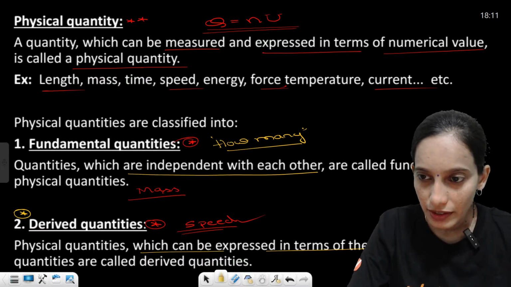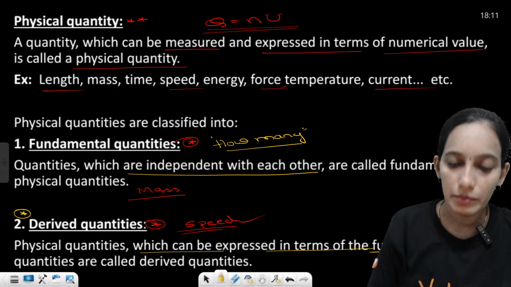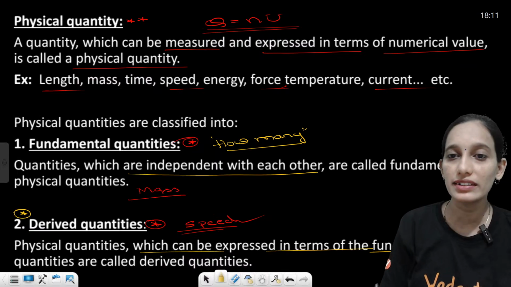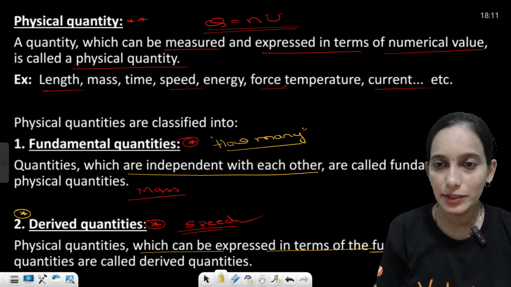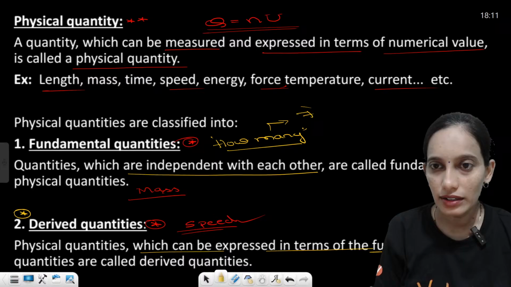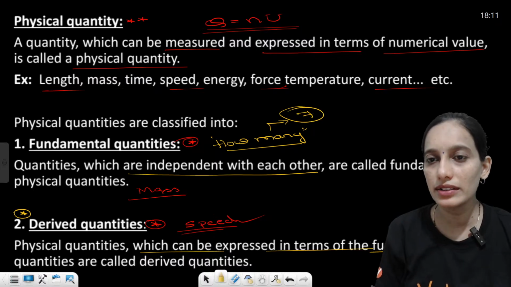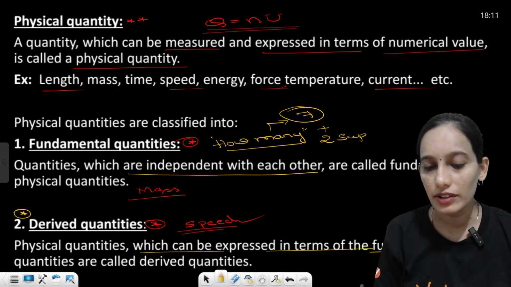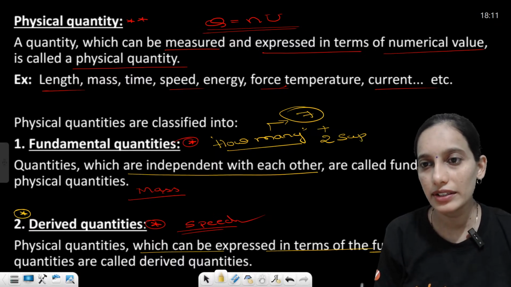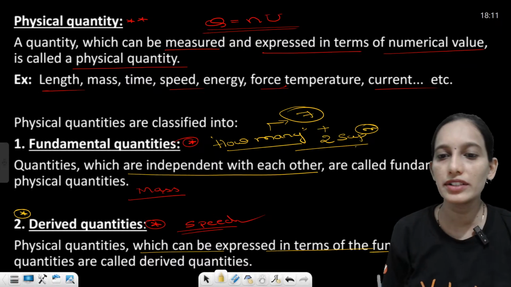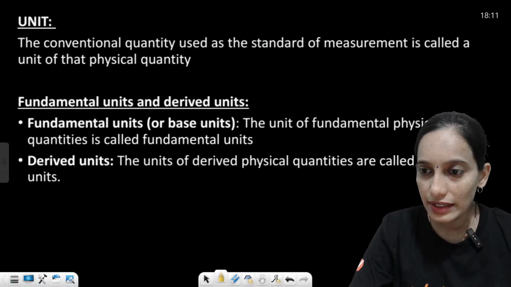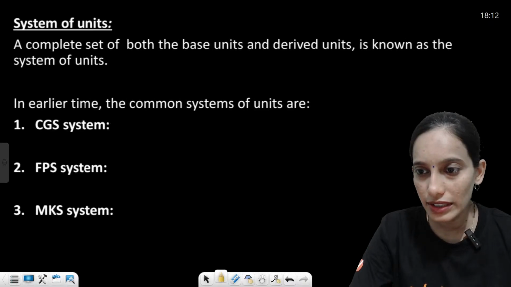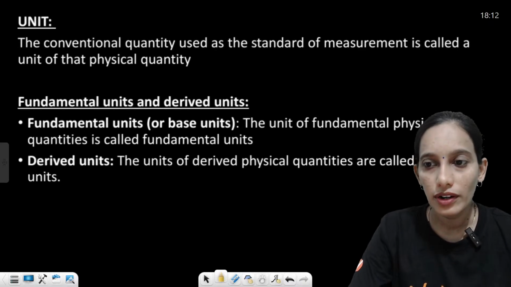Hope it is clear till here. But I asked you a question: how many fundamental quantities are there? I think I didn't get any response. So let me tell you, there are 7 fundamental quantities plus 2 supplementary quantities.